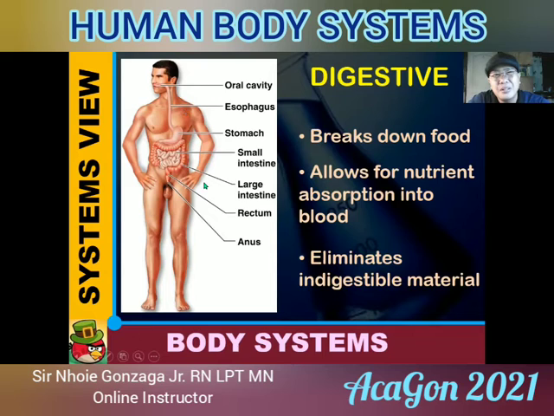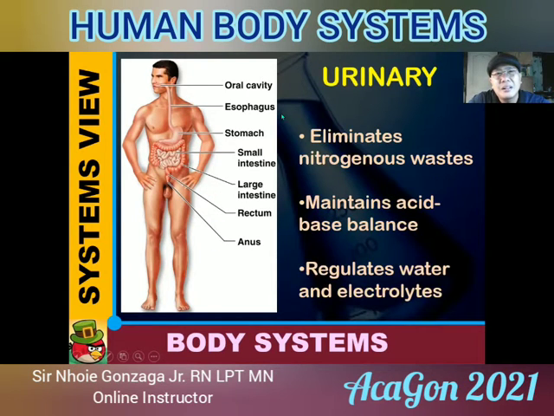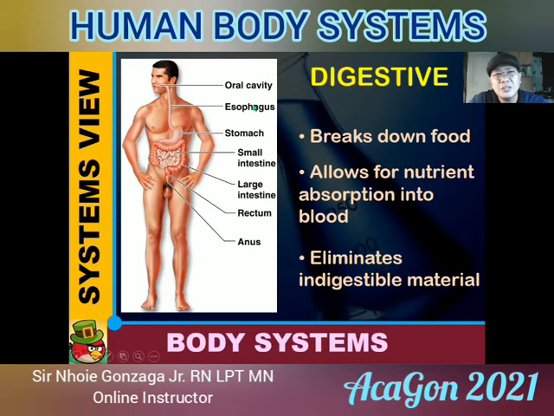You have the mouth, the esophagus, the stomach, the intestines, the rectum, okay, where waste is staying, and the anus, where waste is going out. So that is your digestive system. You eat through the mouth and excrete through the anus.